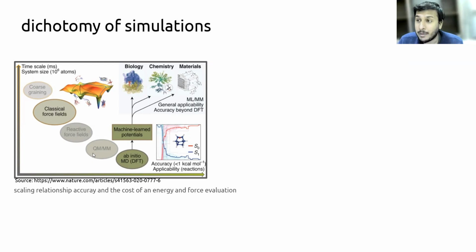Beyond that, there are these QM-MM models, which partly treat some important degrees of freedom with quantum mechanics and the rest of the degrees with these so-called classical force fields. And finally, we have these ab initio models, which means models which are based on nothing but just quantum mechanics of electrons and nuclei in your system.